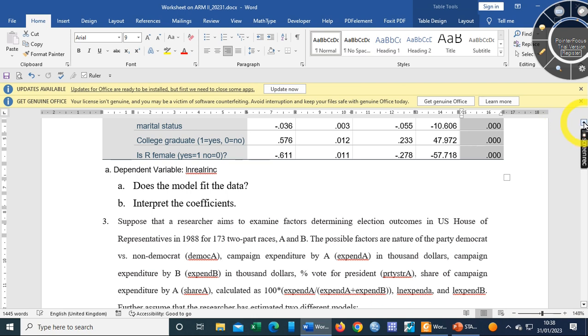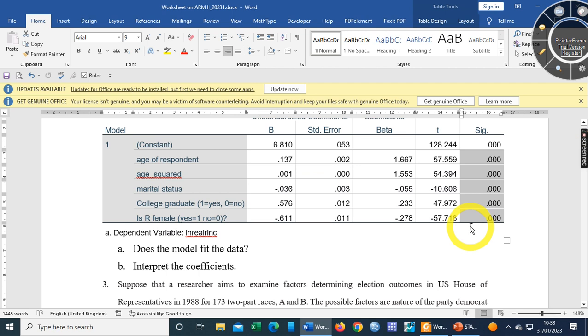We said that when the dependent variable is in logarithmic form, while the independent variables are linear at the level, we need to multiply the coefficient by 100.